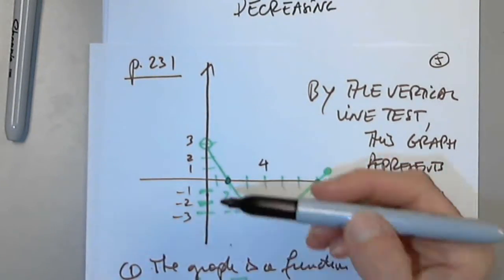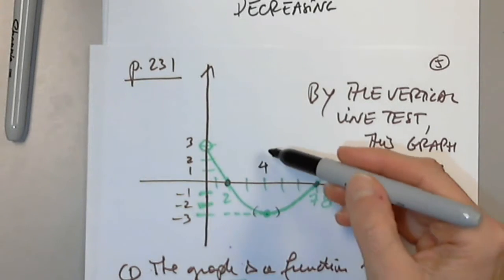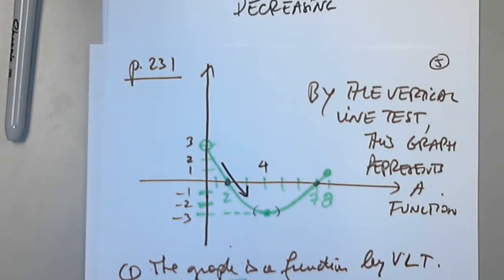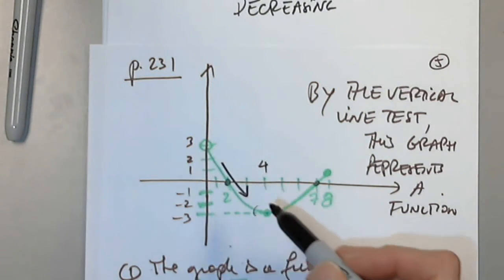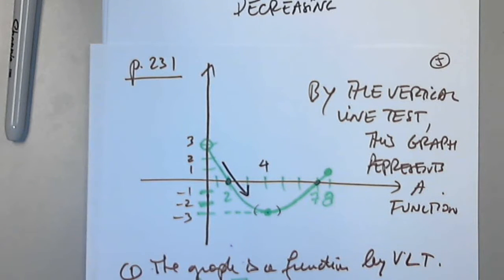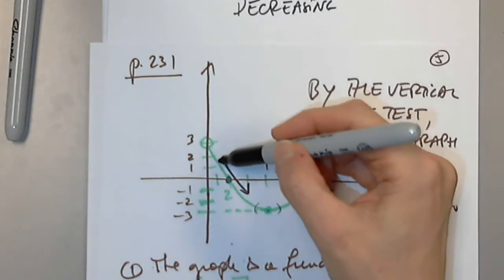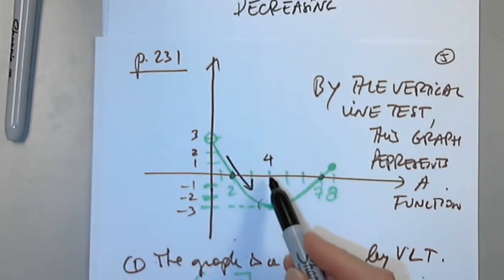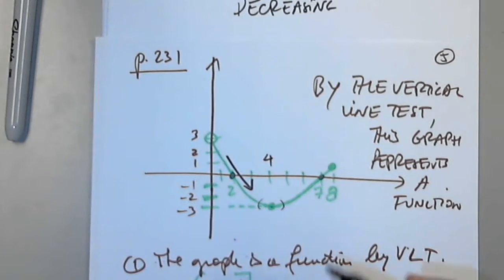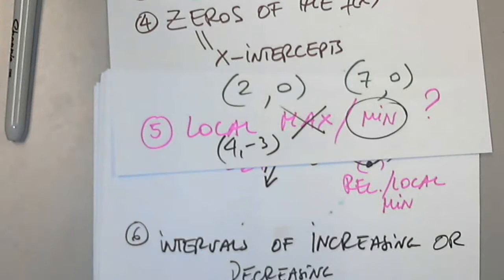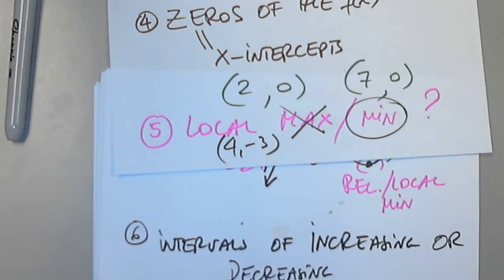I see that between 0 and 4, the function is decreasing. We're not interested from which value to which value. We're only interested in the trend. Between x equals 0 and x equals 4, the trend is decreasing. What is the trend between 4 and 8? Increase. That's all I have to write. So I will say f decreasing on the interval 0, 4, f increasing on the interval 4, 8.